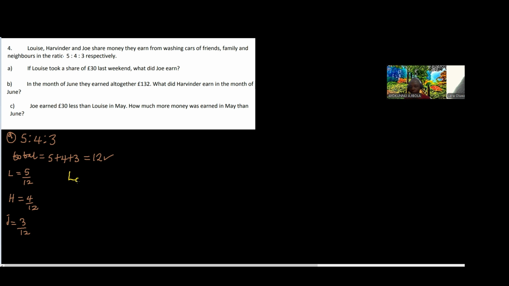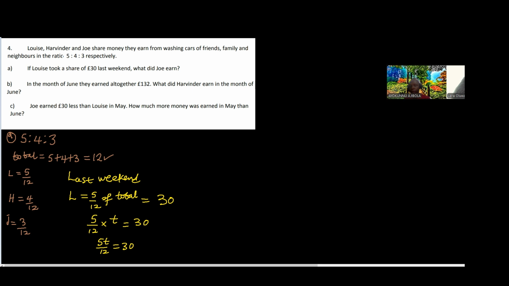And that is 30. So that means 5 over 12 times t, which is the total, equals 30. Then we can say 5t over 12 equals 30.